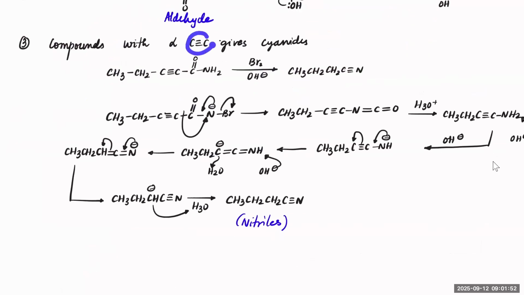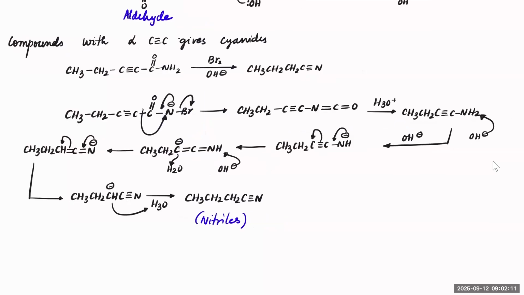Even if you have a C triple bond C here at the alpha position, the same Wolff rearrangement will take place. From this carbon, it will attack nitrogen, it will go here, Br minus will come out, you will get this isocyanate. And that on hydrolysis will give you amines, and the amine with OH minus will give you imines.